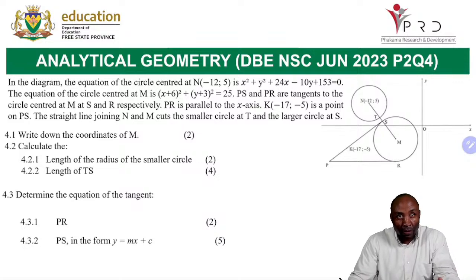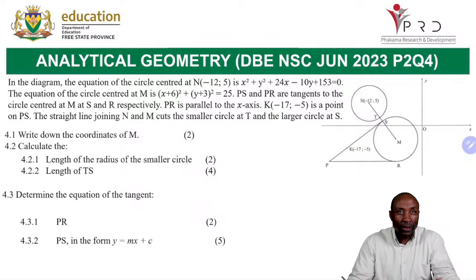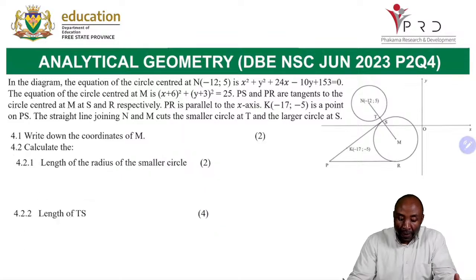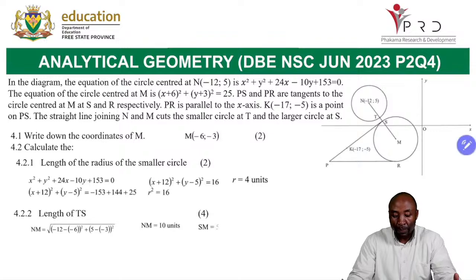Do not concentrate on only one paper. If today you do analytical geometry, that's paper 2. Tomorrow, so that you do not forget, you do one question on functions and you alternate, so that we are able to get good marks at the end of the year. So you are going to practice using this question later on, and you should be able to get these answers as you are practicing.